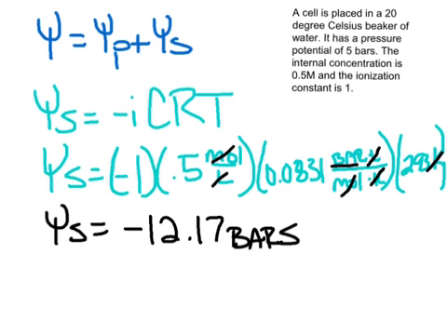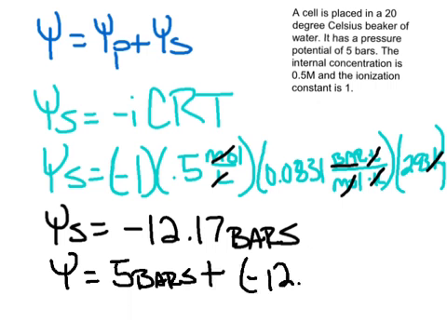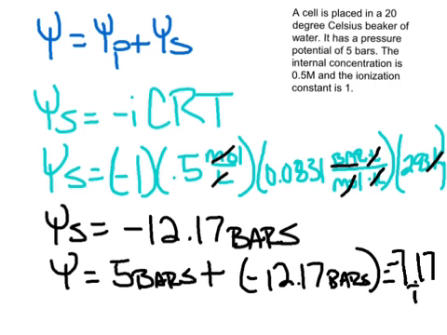Pressure potential is right up here, so we could enter in water potential is equal to pressure potential, which is 5 bars, plus -12.17 bars. Okay, and our answer is going to be -7.17 bars. Sorry, ran out of room.